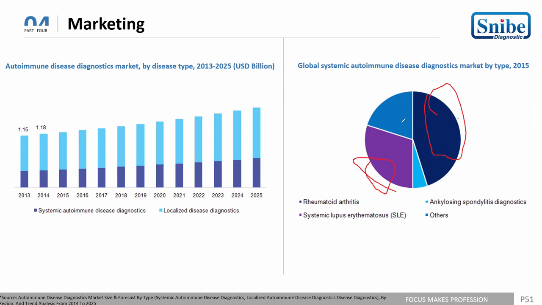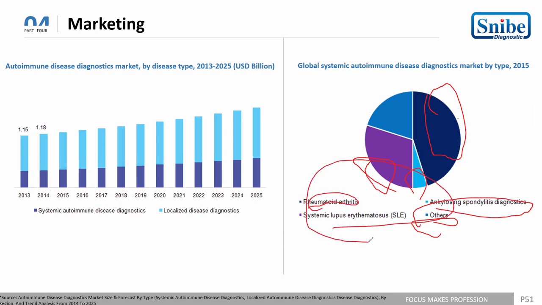Then the other part is miscellaneous diseases like MCTD, SPD, and other diseases. The smallest part is ankylosing spondylitis diagnostics. So the main focus is rheumatoid arthritis and SLE, which are the most common types of autoimmune disease prevalence in the global distribution.